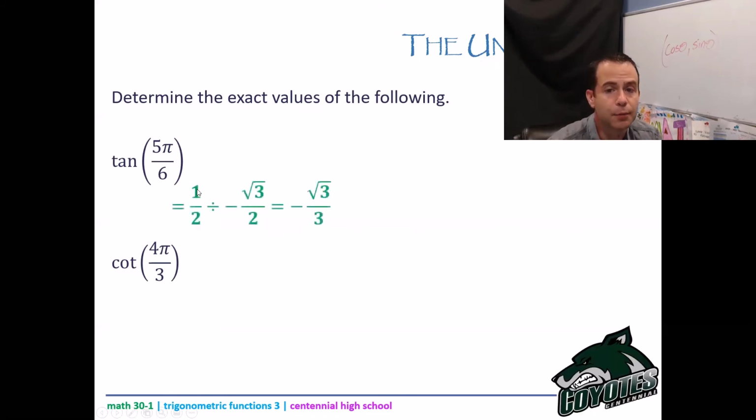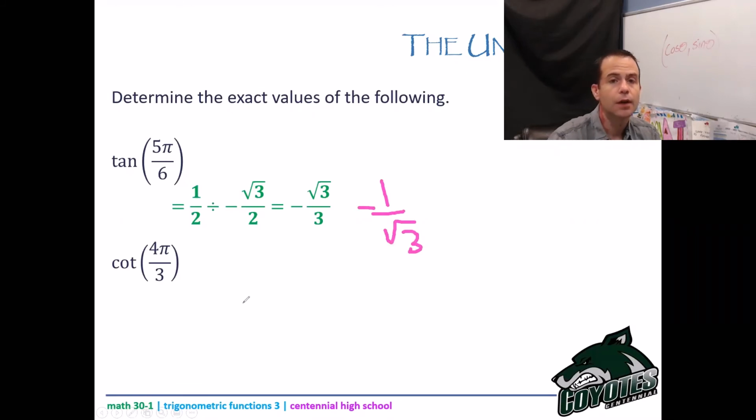So I end up with 1 over negative root 3, and 1 over negative root 3, I have just rationalized that to be negative root 3 over 3. That's where that came from, okay? I didn't specify to rationalize, so if you wanted to write that as negative 1 over root 3 like that, that's totally fine, okay?